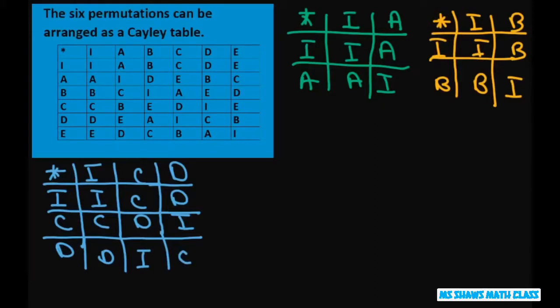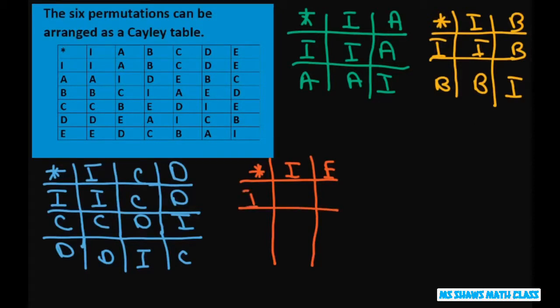Another subgroup is star IE. So put IE. And that gives you IE and EI. And finally, you have a singular subgroup with just I.